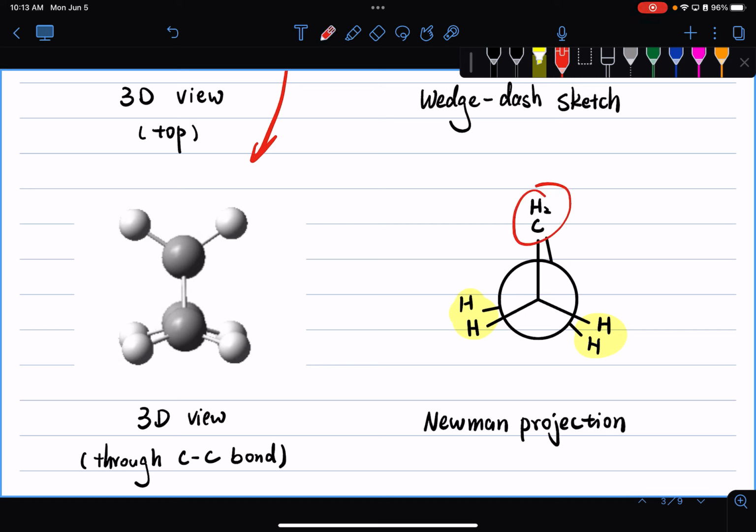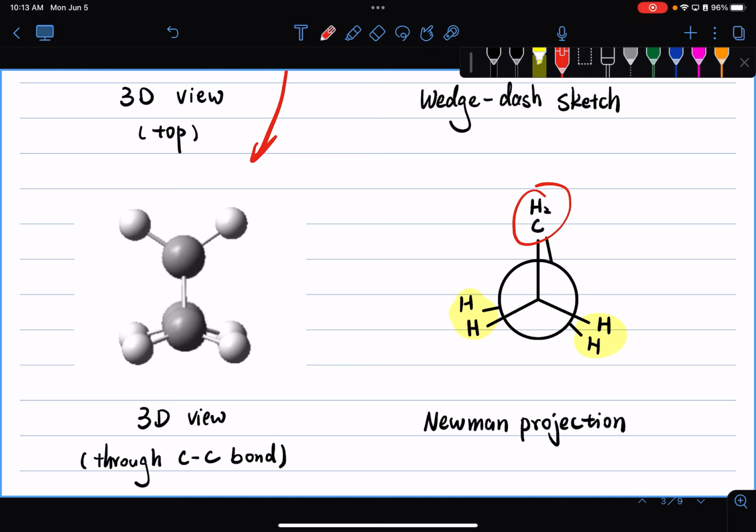So everything is eclipsed over each other in my cyclopropane. And that eclipsing leads to a very unfavorable torsional strain, putting these hydrogen groups right on top of each other.